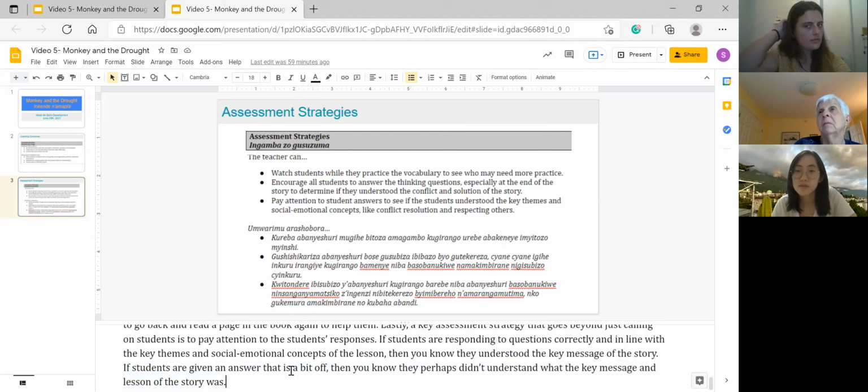Make it a game. Get somebody to define what the word is. You've got pictures, you've got the word, so that supports them. But maybe you can call on some of the quieter ones if you think they can answer with the support of the vocabulary slide.